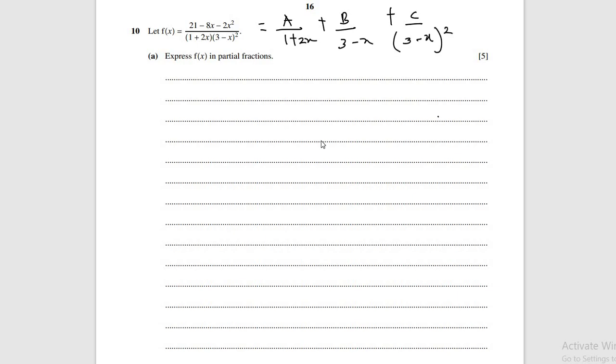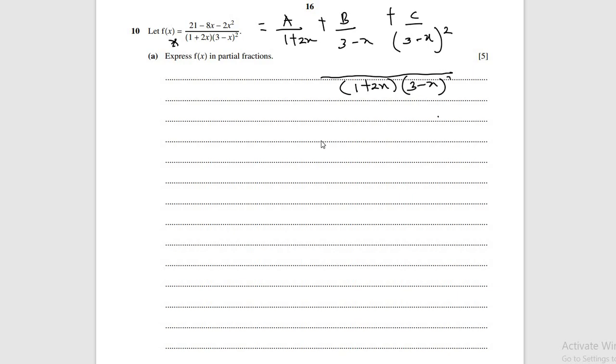This is the rule when you have this kind of denominator. This is how you break it down. So at the end of the day, what's the LCM? The LCM is still the original denominator. So this is the LCM.